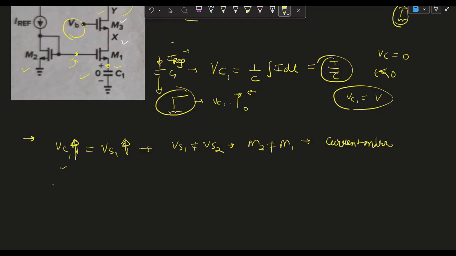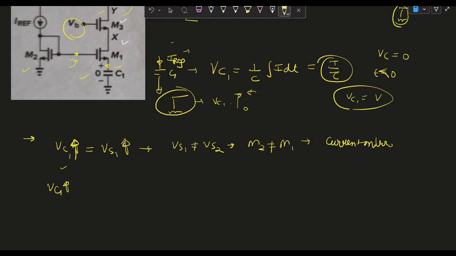The analysis is that VC1 increases. Before that, one more thing: even though M2 and M1 are not in a current mirror, VC1 is not so high that it will push M1 into the triode region or off region. So for this analysis we can assume that M1 is in saturation, not in triode region, not in off state.